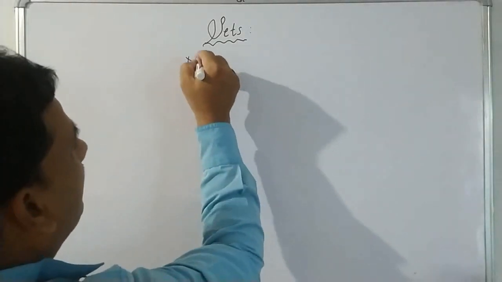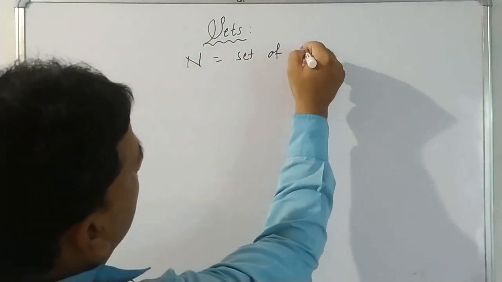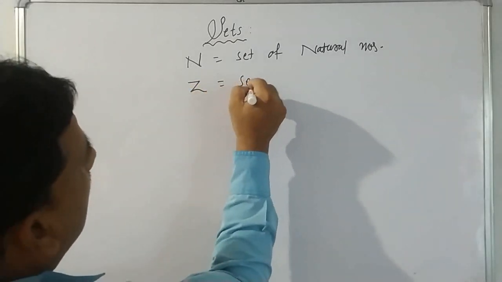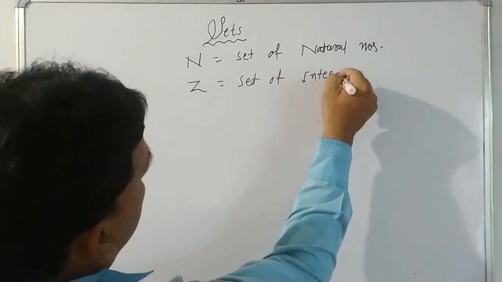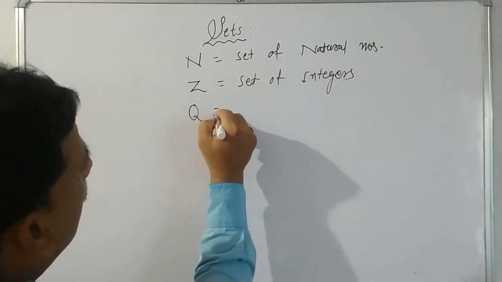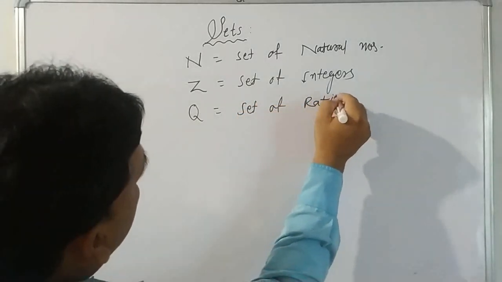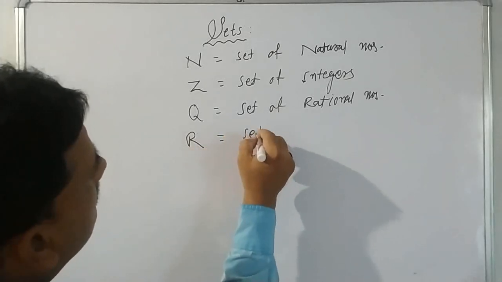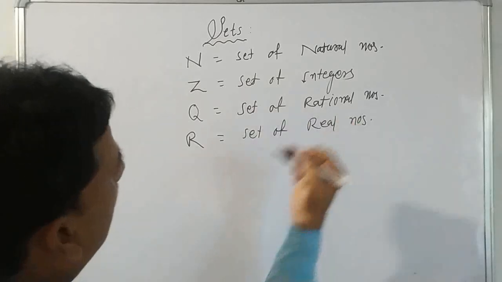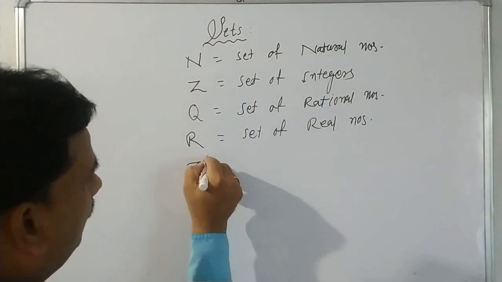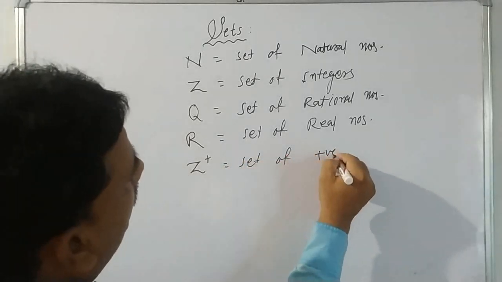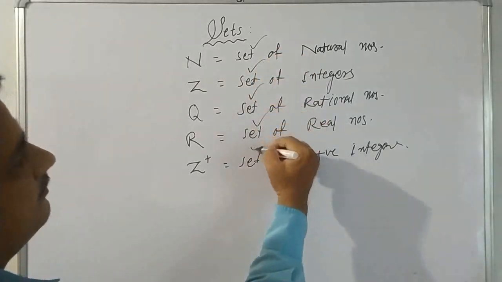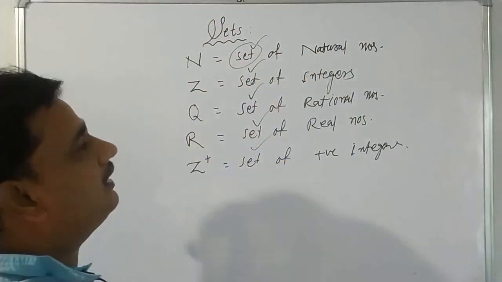For example, N is the set of natural numbers, Z is the set of integers, Q is the set of rational numbers, and similarly R is the set of real numbers. Z plus is the set of positive integers. See here, this word set is used: the set of natural numbers.